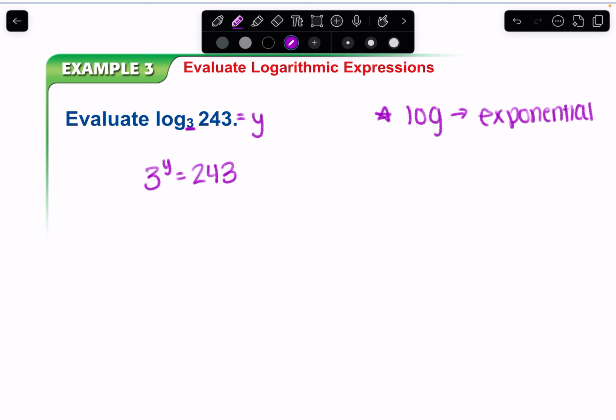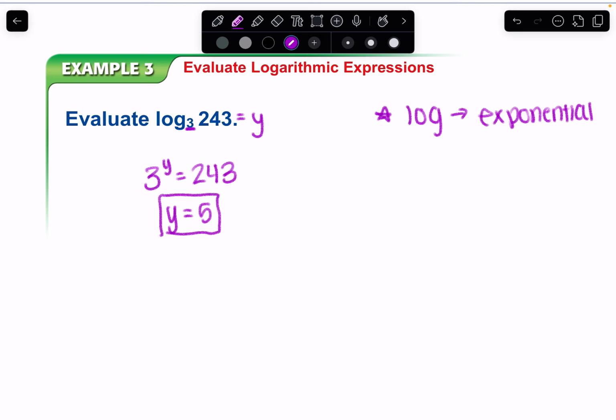You can figure out 3 times 3 times 3 multiple times until you figure out what y is. Whenever you solve this, you would get that y is equal to 5, or whatever variable you want to use. So again, you're really just figuring out 3 to what power gives you 243.